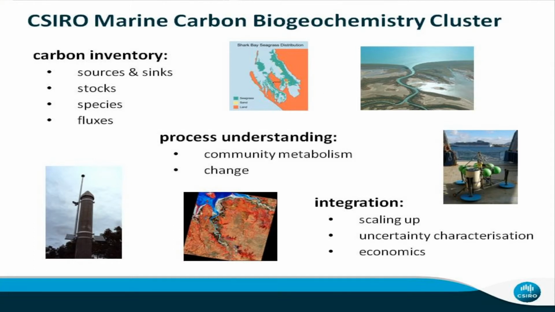That also requires improved process understanding on the role of community metabolism. So how organisms actually transform the carbon from vegetation as it goes through the sedimentary process, and how that affects the effectiveness of the carbon capture process, and then how that's likely to change in future. And ultimately, we want to integrate this to scale up to national budgets, using modeling and satellite remote sensing to help with that, to characterize uncertainty, and to provide inputs to economic modeling.